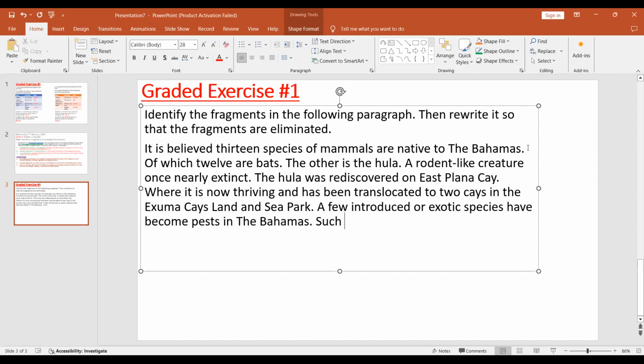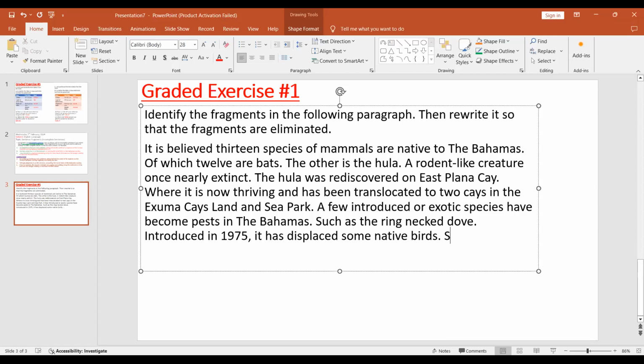Such as the ring-necked dove, introduced. Yes, it has displaced some native birds.